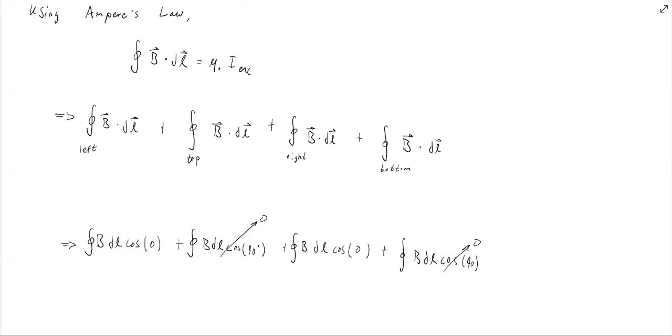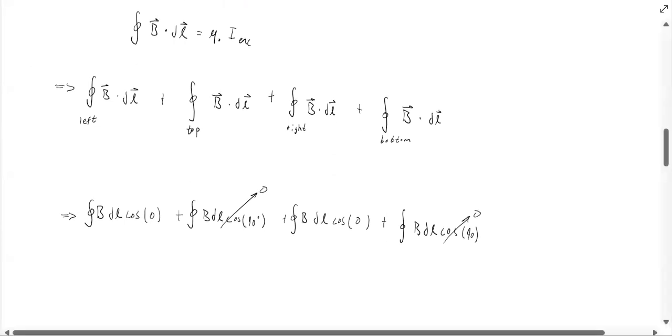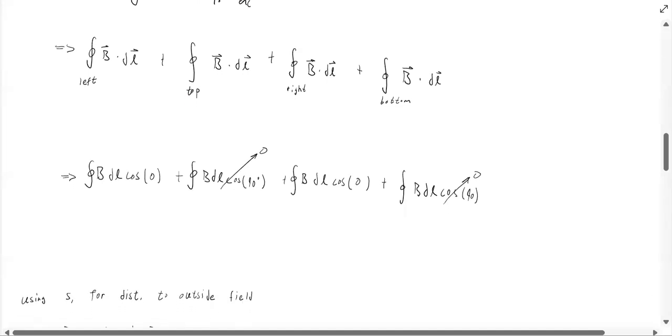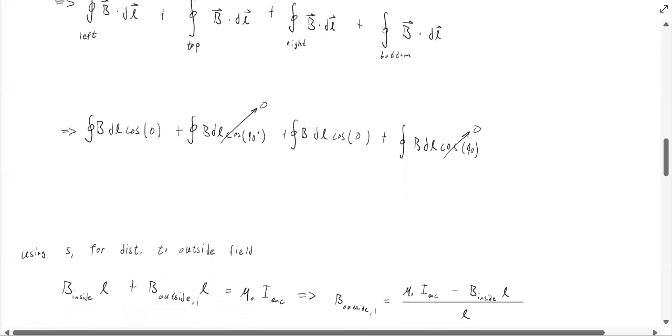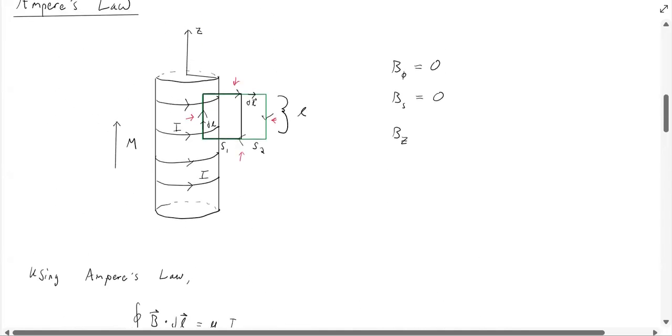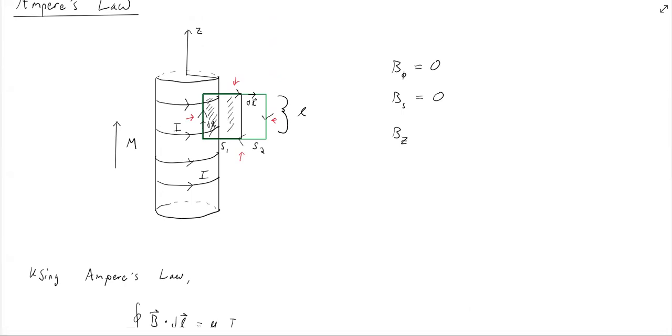And then solving the remaining integrals, we have, using S1 for the distance to the outside field, B inside times L, because the magnetic field for this portion will be different from the loop outside.